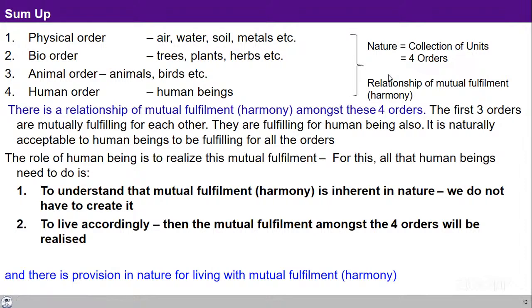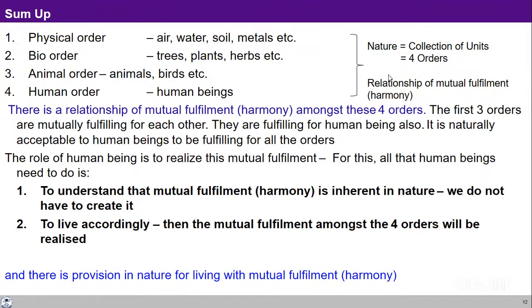The relationship of mutual fulfillment between these orders is the harmony of the nature. If you are able to establish mutual fulfillment between all the 4 orders, it will lead to the harmony of the nature. The first 3 orders are mutually fulfilling for each other.